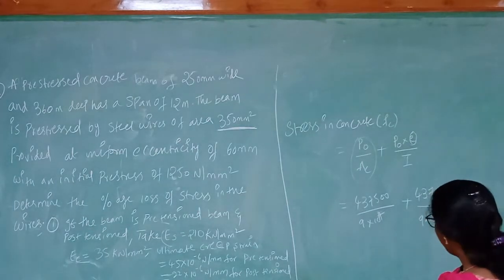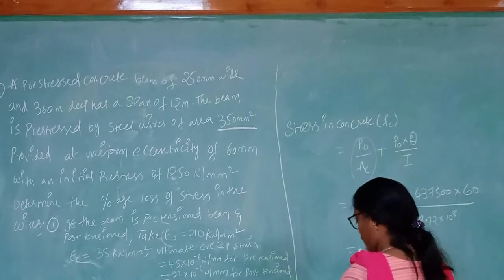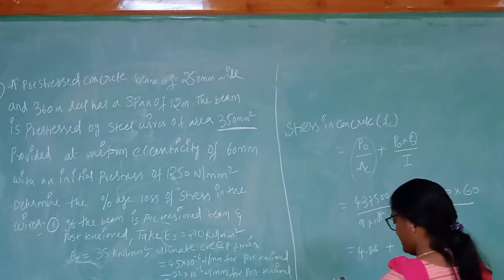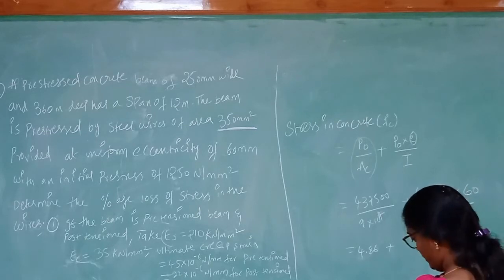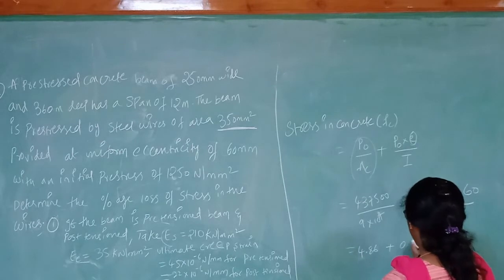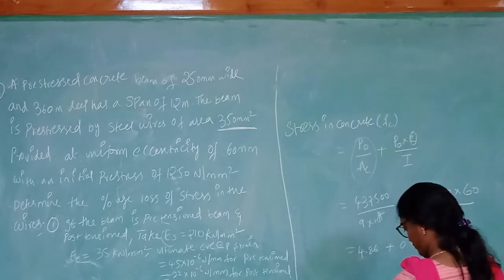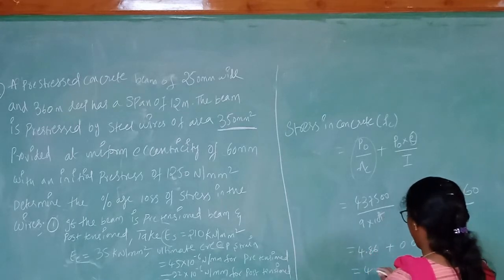We get 437,500 by 9 into 10 to the power 4, which is 4.86, plus 437,500 into 60 divided by 9.72 into 10 to the power 8.